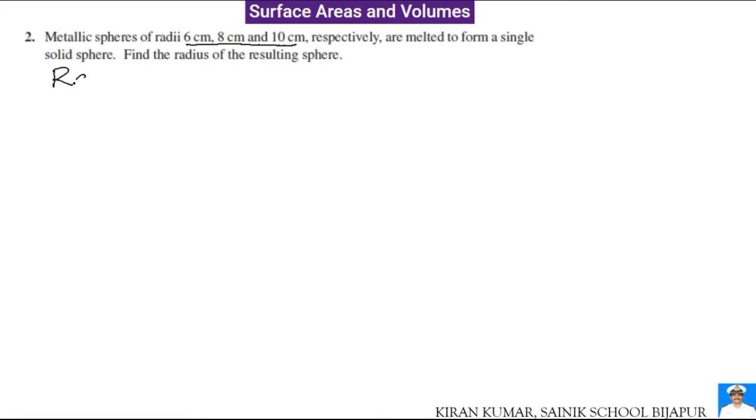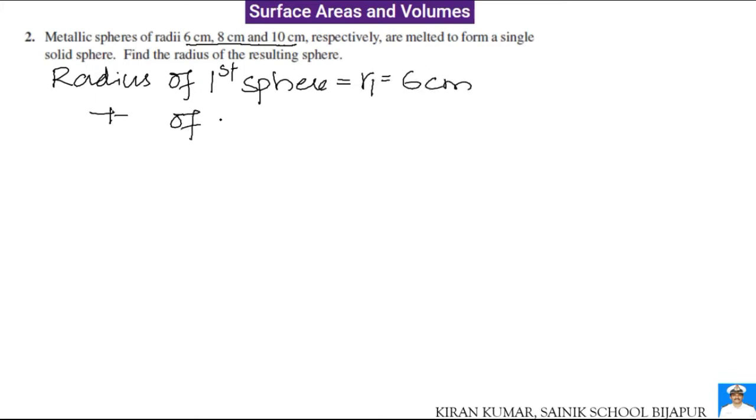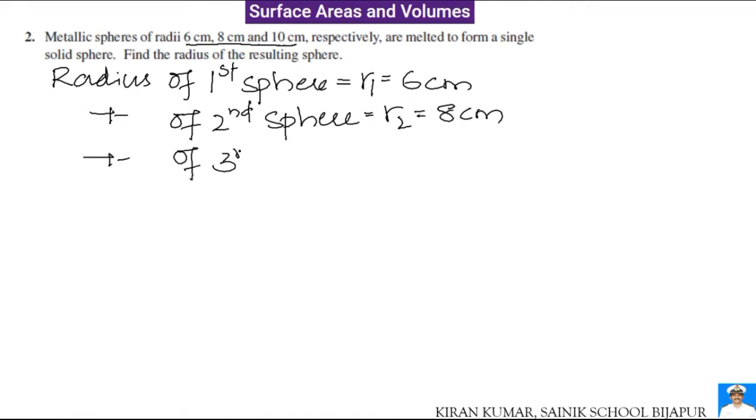Let me consider the radius of first sphere as R1, which is equal to 6 centimeter. Radius of second sphere R2, which is 8 centimeter. Radius of third sphere R3, which is 10 centimeter.